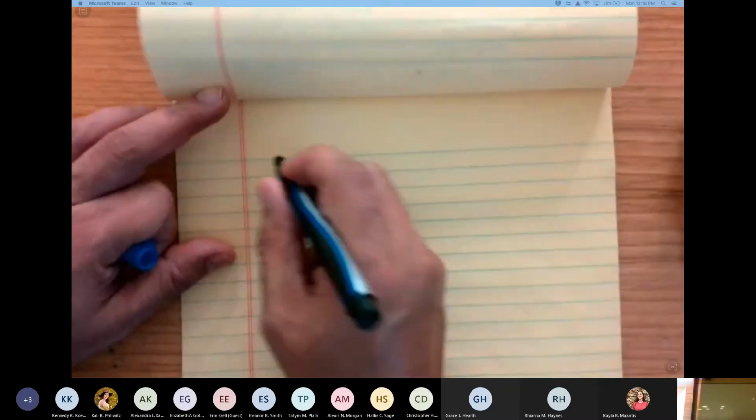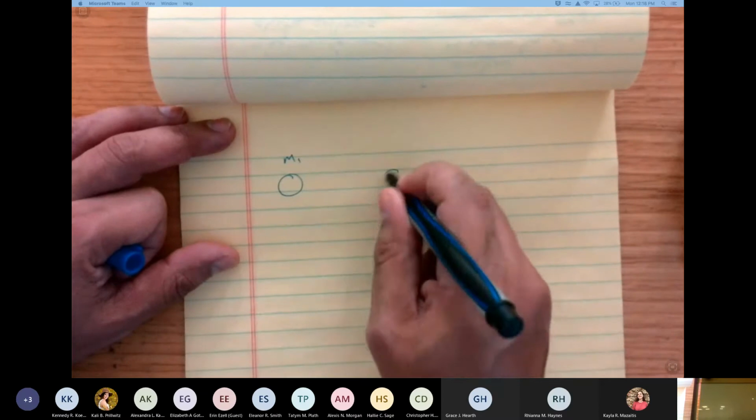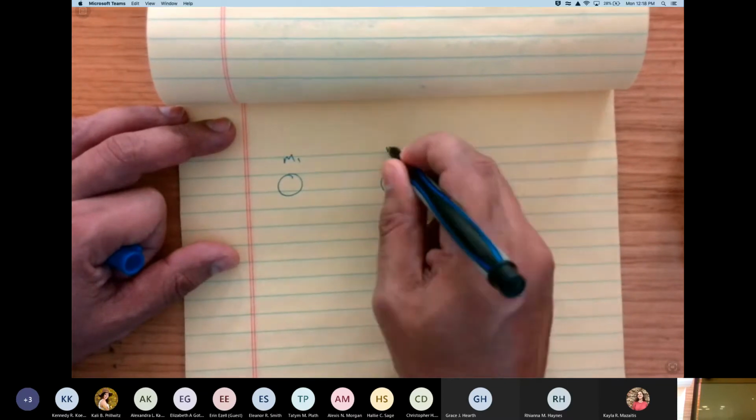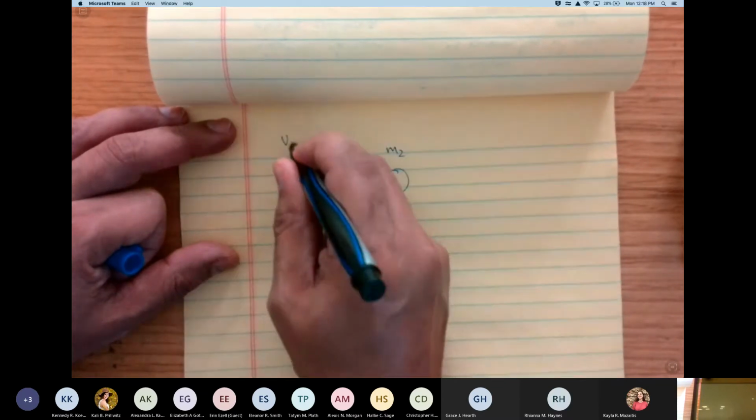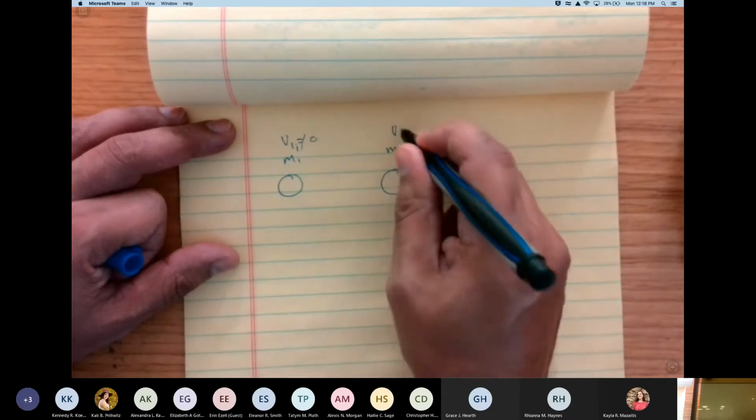We have mass 1 and we have mass 2, and I have an initial velocity of 1 different than 0, and an initial velocity of 2 equal to 0.